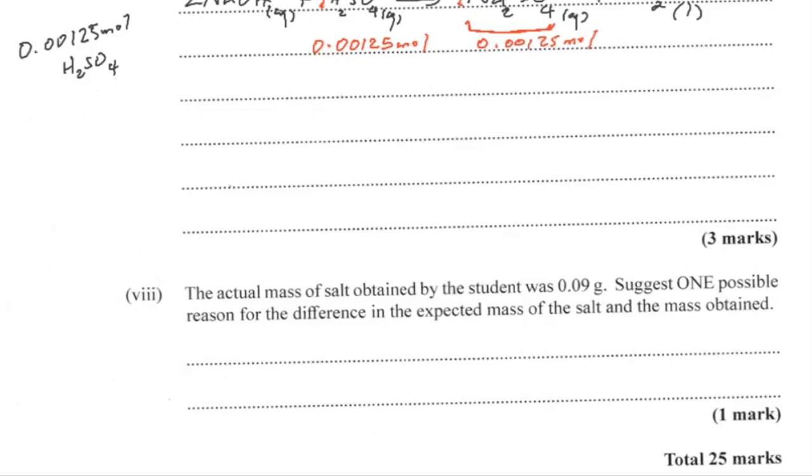So what we need to do now, they ask us to calculate the mass of the normal salt. We know the number of moles of the normal salt. So we would now need to convert the number of moles to mass, or to grams, and we would do that by just multiplying by the molar mass. Now we'd get some marks here for calculating the molar mass of the sodium sulfate.